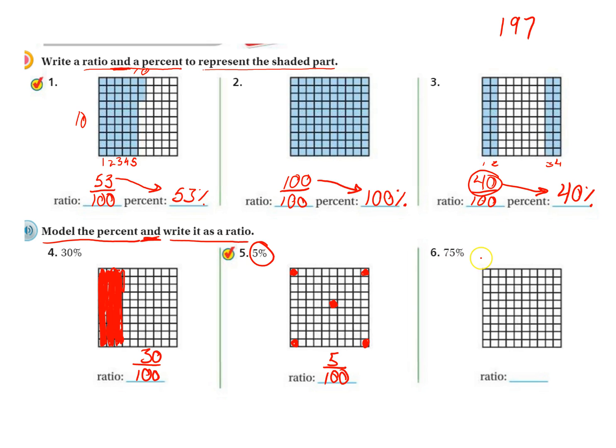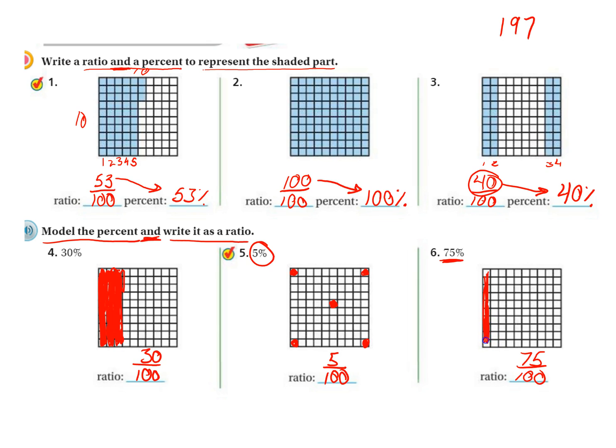Okay, 75%. So this is a grid of a total of 100, and of those 100, I need to shade 75 of them. So that means 7 columns would be 70.